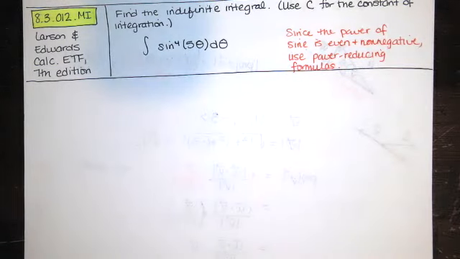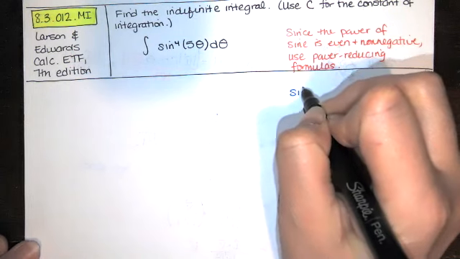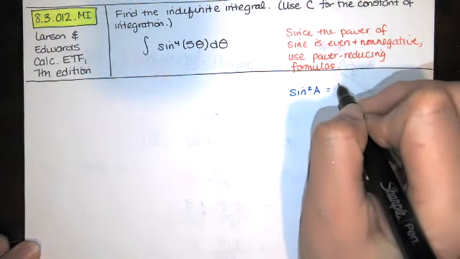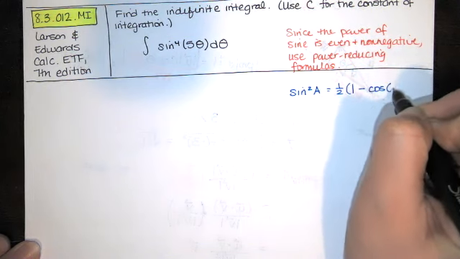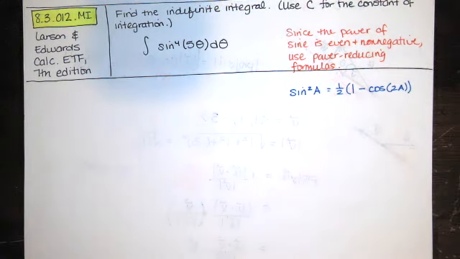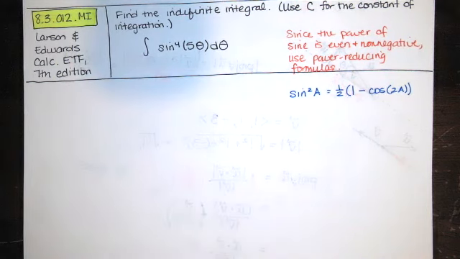Now the power reducing formula for sine is this. It turns out that sine squared of some angle is 1/2 of 1 minus cosine of double that angle. So here I've got a sine to the 4th, which is a sine squared times a sine squared.